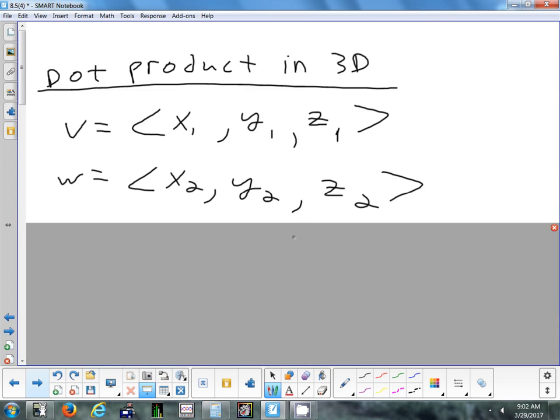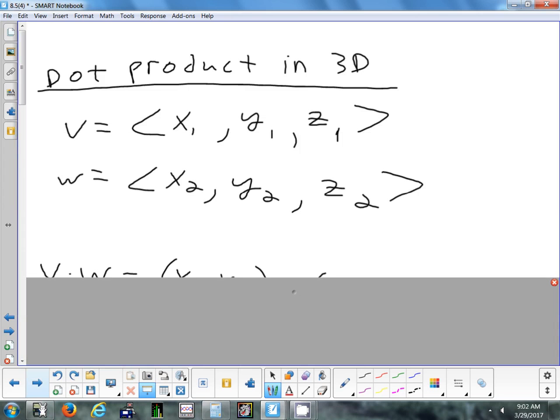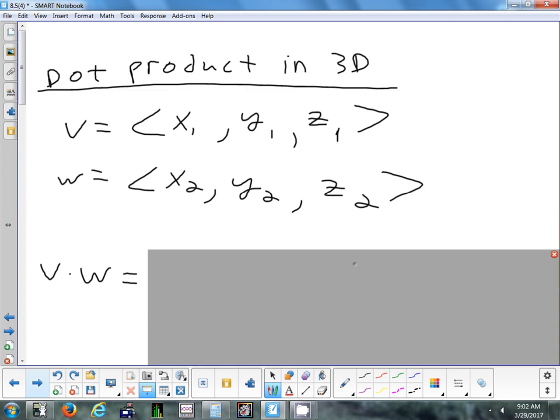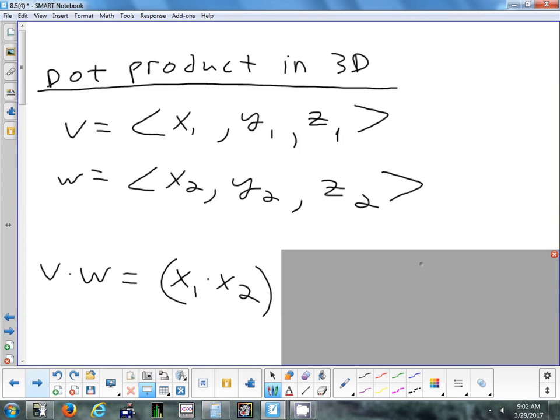Right, so next thing, or last thing I think we did in 2D was the dot product. Well, dot product and then finding the angle. So anybody have a guess how we're going to do the dot product, what the formula will be, based on what it is in 2D? x1 times x2. y1 times y2.